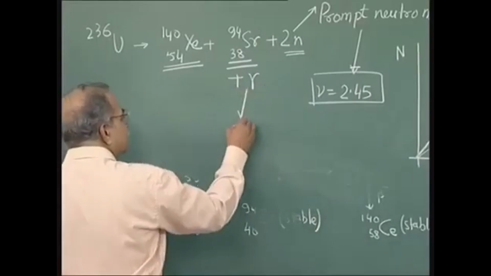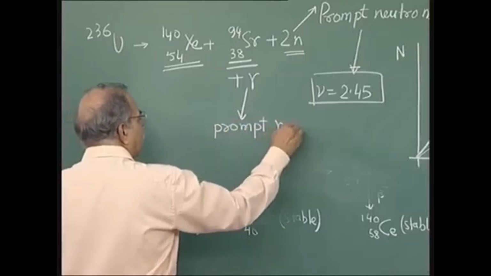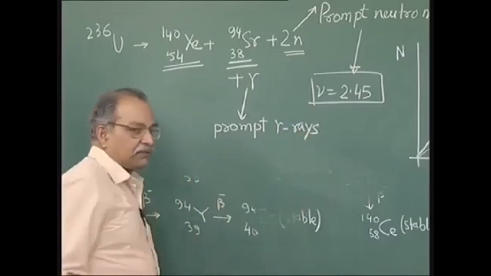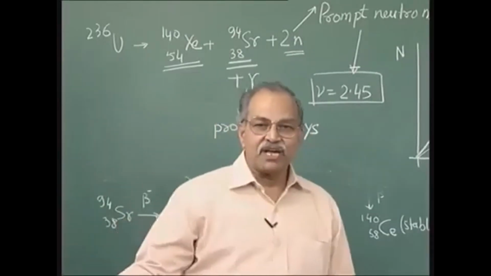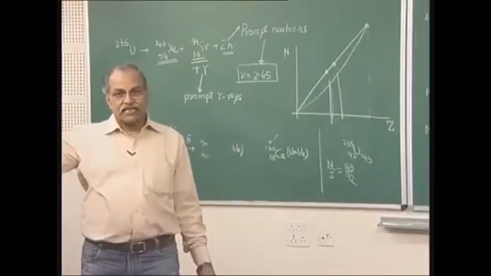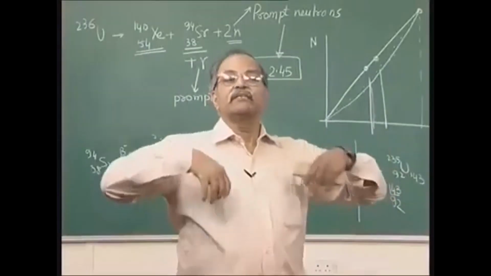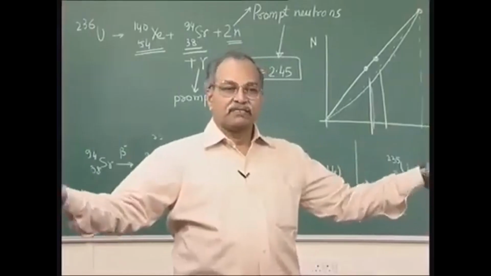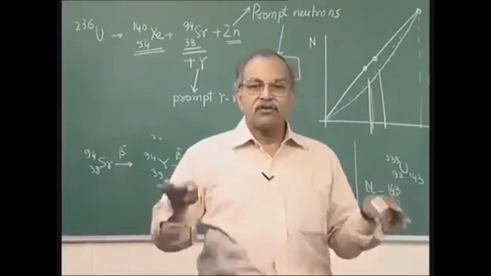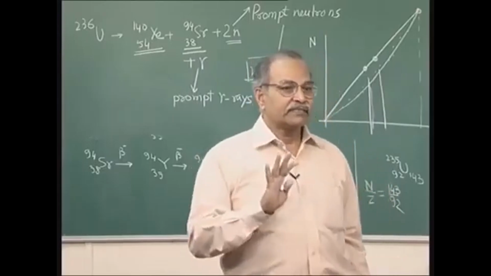These gammas are called prompt gamma rays, or gamma photons. Prompt means just immediately after the fission, at that time scale of 10 to the power minus 16 seconds. The fission fragments are neutron rich, so they give off a prompt neutron. The fission fragments are at high energy, so they give off some gamma photons to lower their energy. That is prompt gamma rays, and this energy is prompt gamma energy.